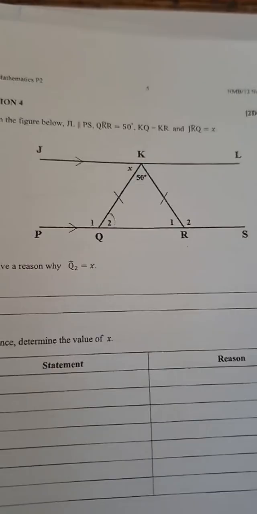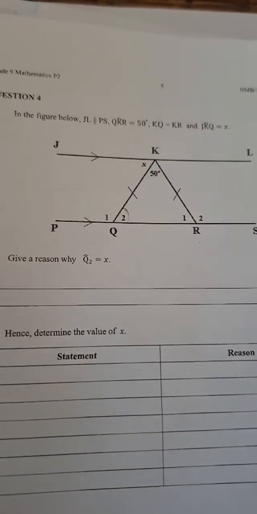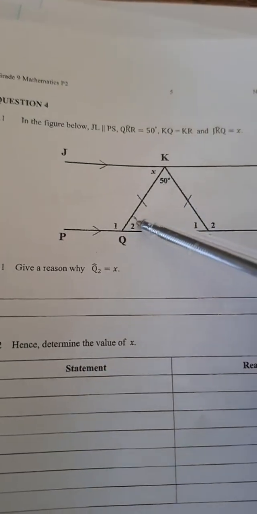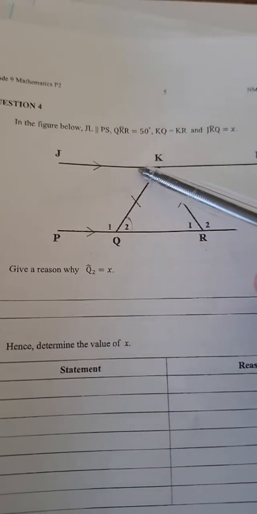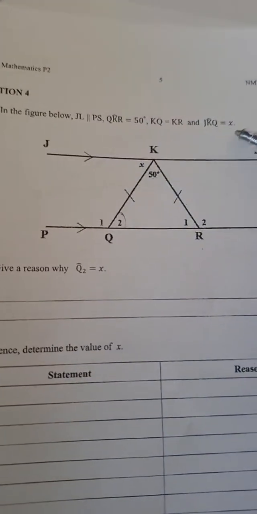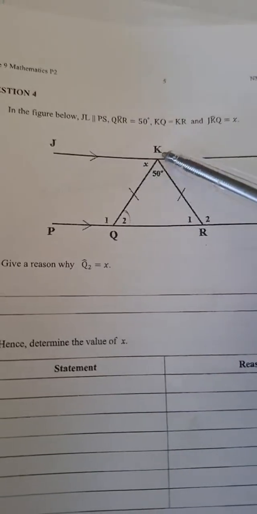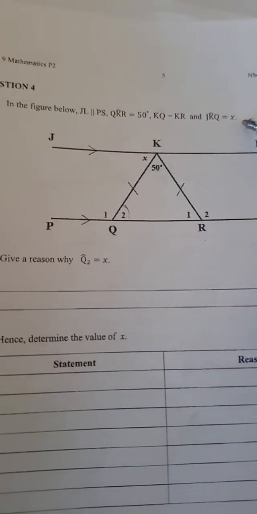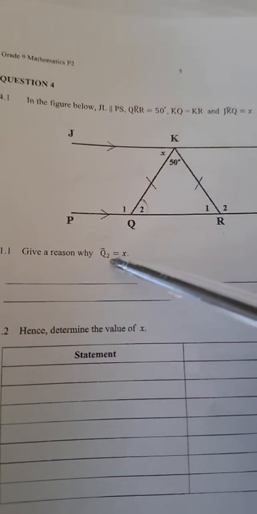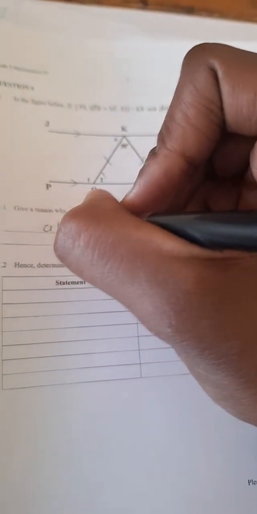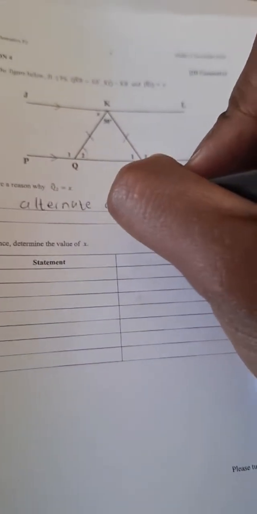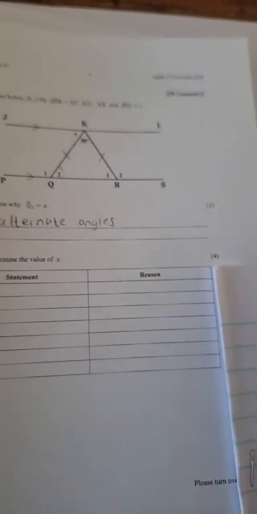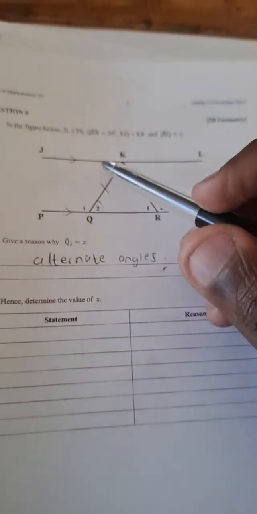Okay, so grade 9s, it seems like we have a consensus that angle Q2 and this angle here, angle JKQ, is also equal to x. So if they're saying give a reason why Q2 is equal to x, we are going to say alternate angles. And then we need to also state the lines that are parallel.